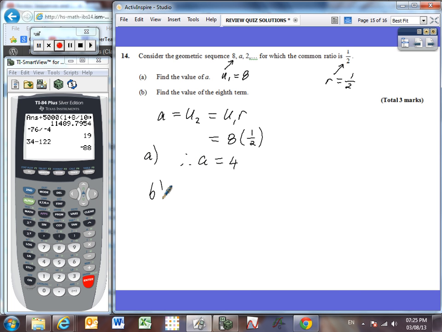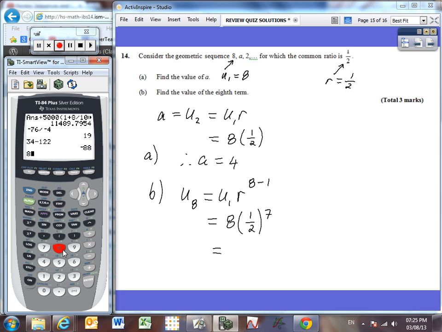Part B, find the value of the 8th term. In a geometric sequence, we know that our 8th term is going to equal my first term times the common ratio to the power of 8 minus 1. And so let's substitute. Our u1 we can see is 8. Our r is 1/2 raised to the power of 7.